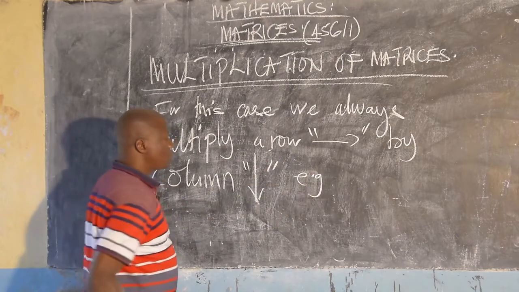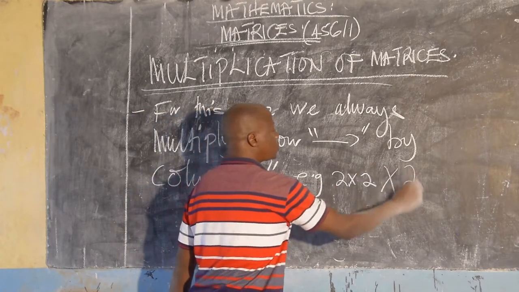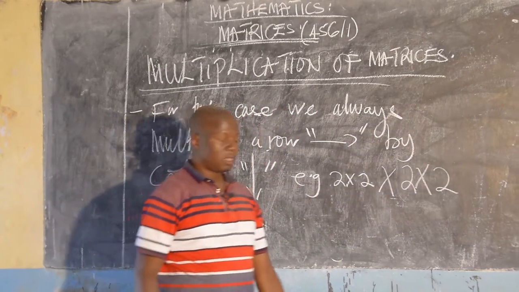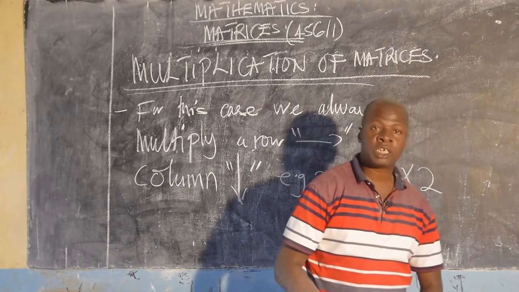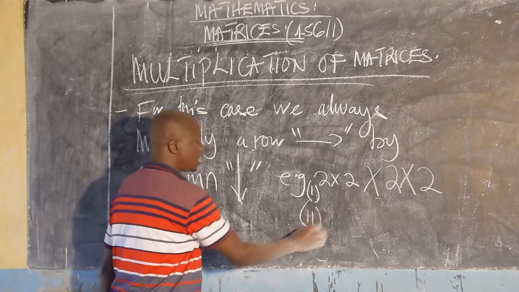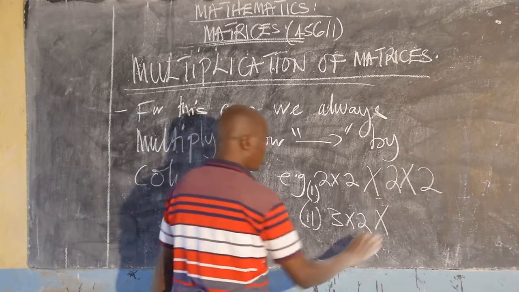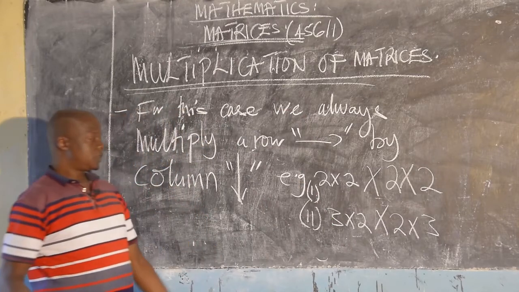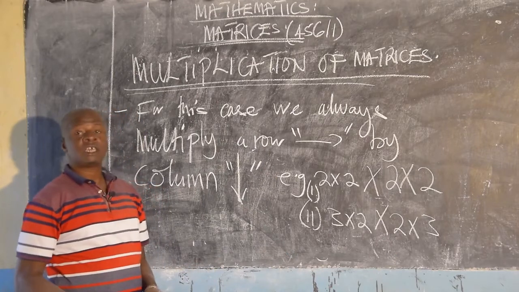E.g., we can have a 2 by 2 times a 2 by 2. We say that that is compatible or it is workable. Next, we can say a 3 by 2 times a 2 by 3. Since these two numbers are the same, we can get the answer.